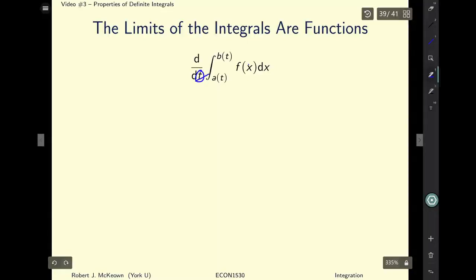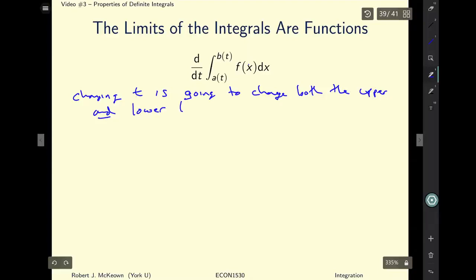And what's going to happen here? Well, we can see here if we're changing t, changing t is going to change both the upper and lower limit.